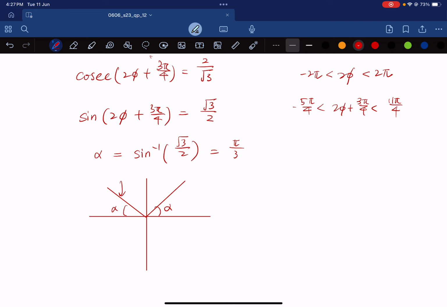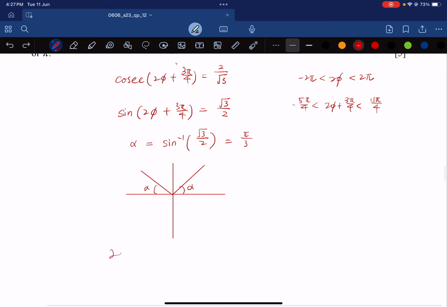For this angle. So 2 phi plus 3 pi over 4 would be negative pi minus pi over, oh no, this is pi over 3. Pi over 3 is greater than pi over 4. No, cannot. I thought it's pi over 6, pi over 3, cannot.